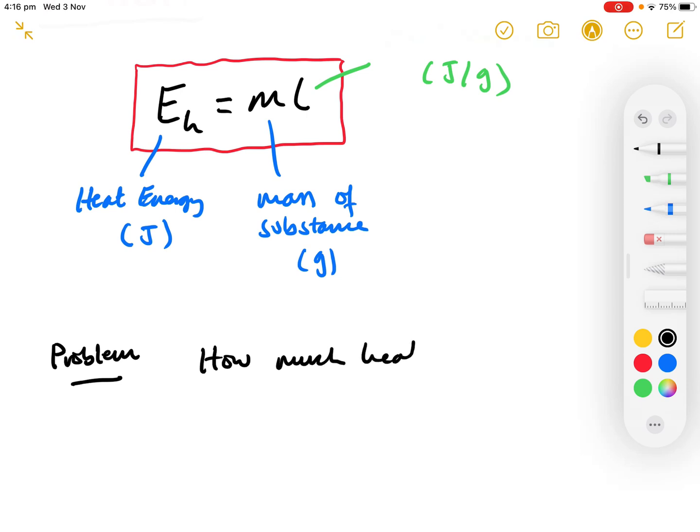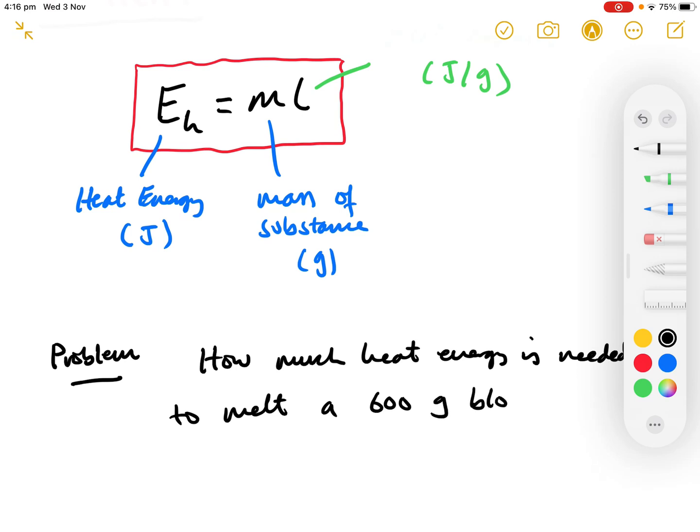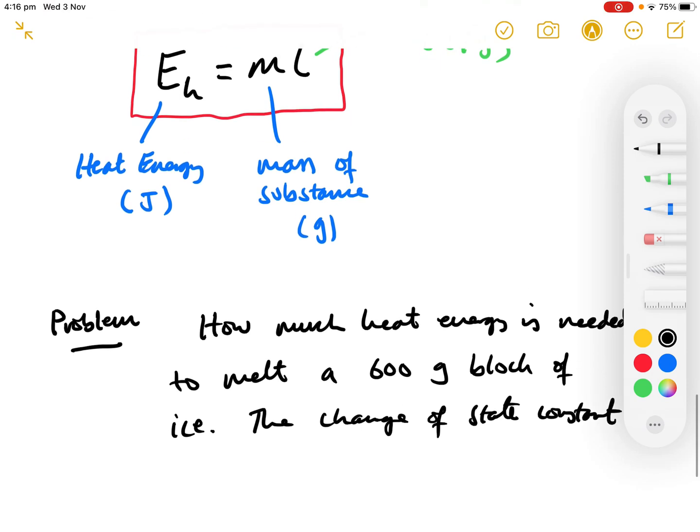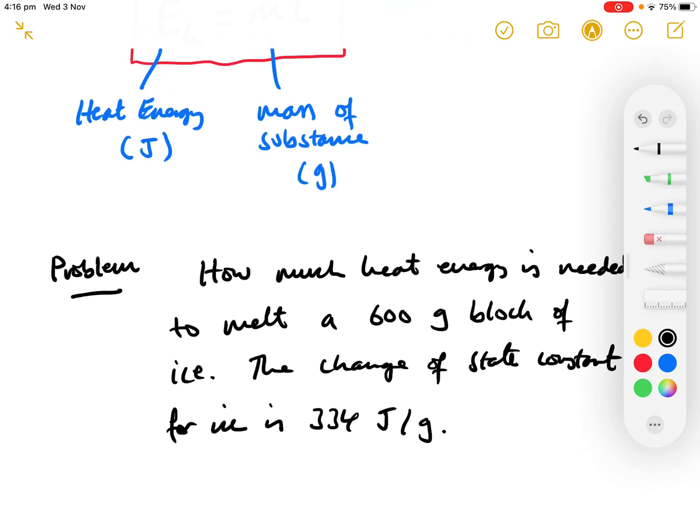How much heat energy is needed to melt a 600 gram block of ice, and the change of state constant, the heat constant for ice is 334 joules per gram.